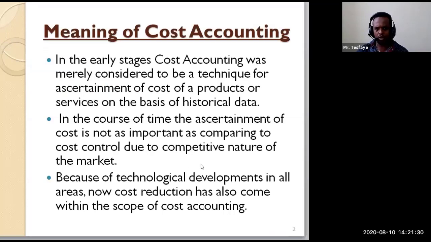Okay, meaning of cost accounting. In the early stage, cost accounting was merely considered a technique for assessment of the cost of a product or service on the basis of historical data. So in previous periods, cost accounting focused only on the assignment of cost, on the determination of cost for our products.